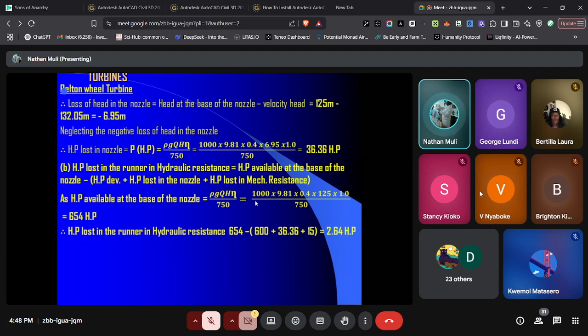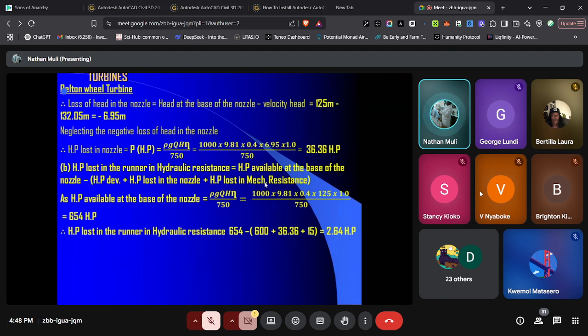In this case, loss of head in the nozzle equals head at the base of the nozzle minus velocity head, which is 125 minus 132, and that becomes minus 6.9 meters. In this case, you neglect the negative loss of head in the nozzle.